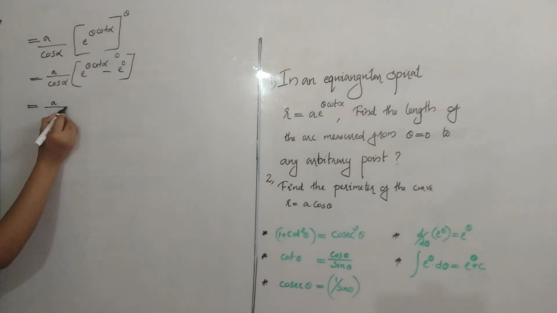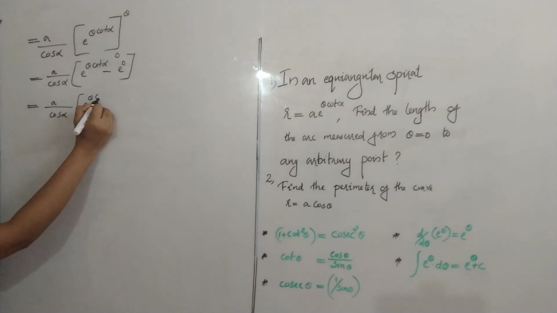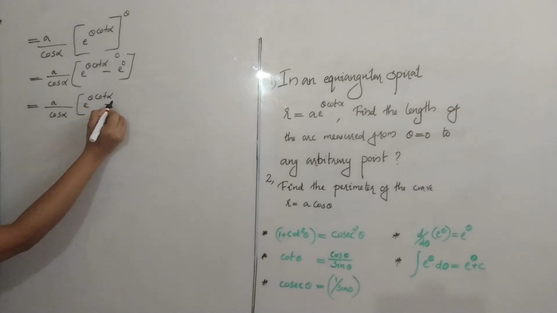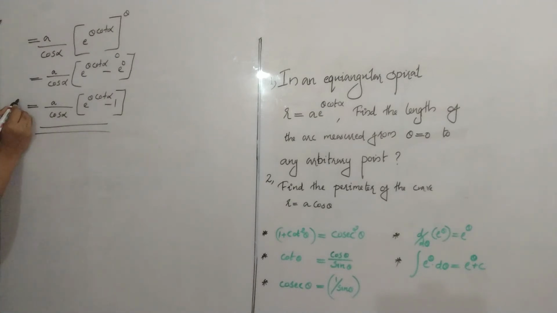Then we get the final answer as a by cos alpha into e raised to theta cot alpha minus 1. So the length of arc measured from theta equal to 0 to any arbitrary point is a divided by cos alpha into e raised to theta cot alpha minus 1.